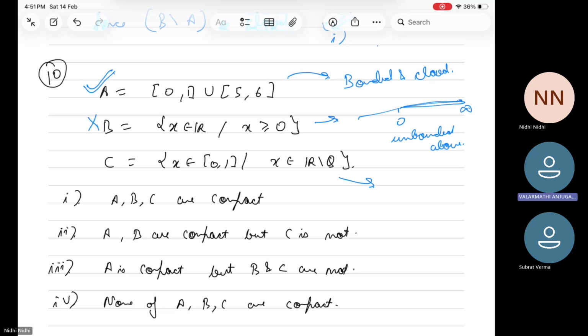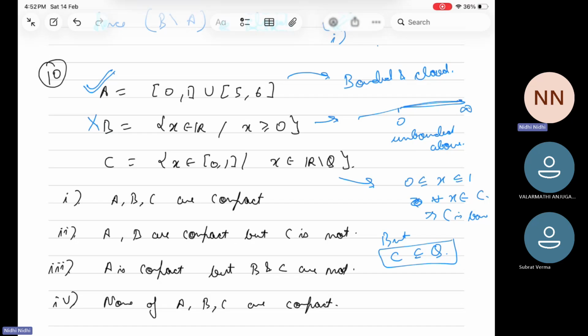The set C. Is it bounded? Yes, ma'am, because all the points are between 0 and 1 for every x in C. So this implies C is bounded. But since C is a subset of the set of irrationals, we know that the set of rationals are not closed.